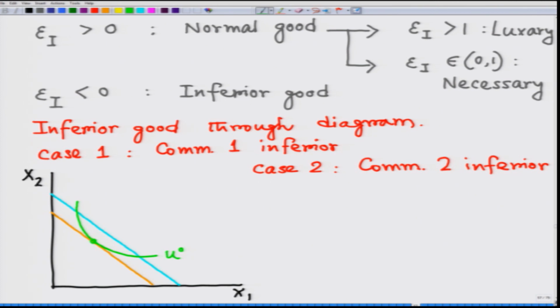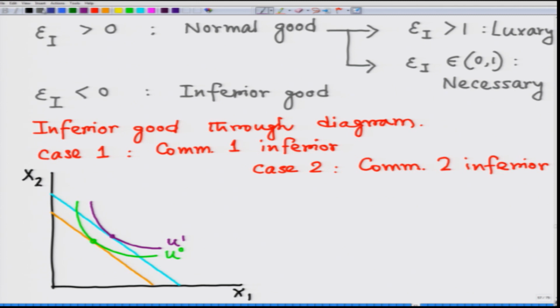Now, there can be another tangency point between the indifference curve u1 and this budget line.